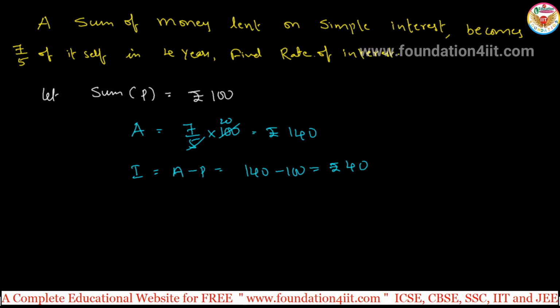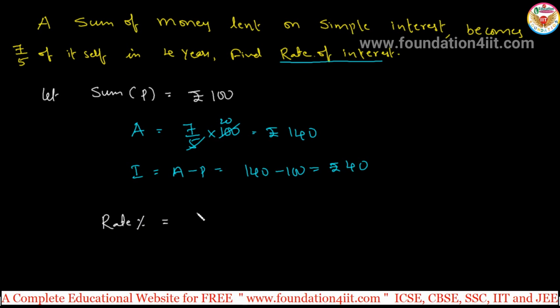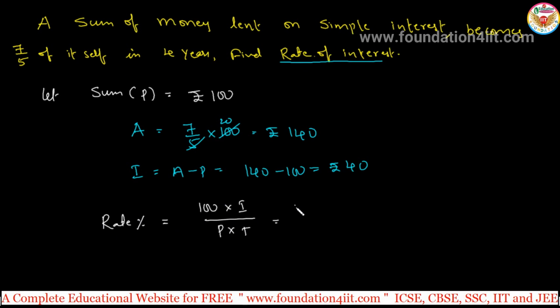Right. So let us go for the problem. Calculate the rate of interest. So rate percent is equal to 100 into I by P into T. Now 100 into interest, which is 40, by P. Principal is 100, right?